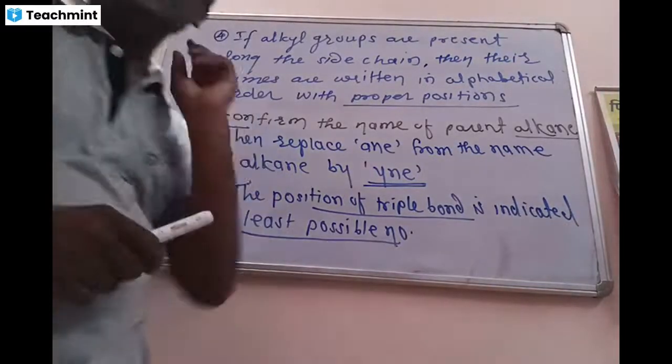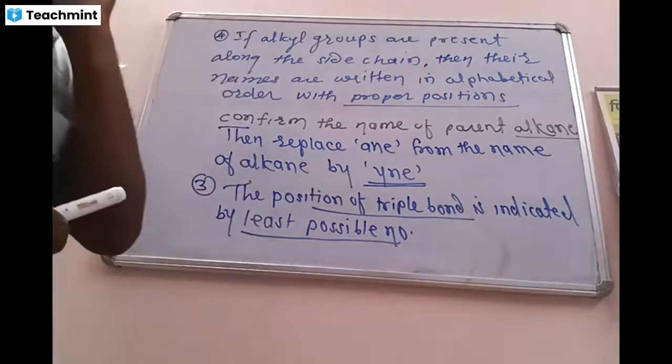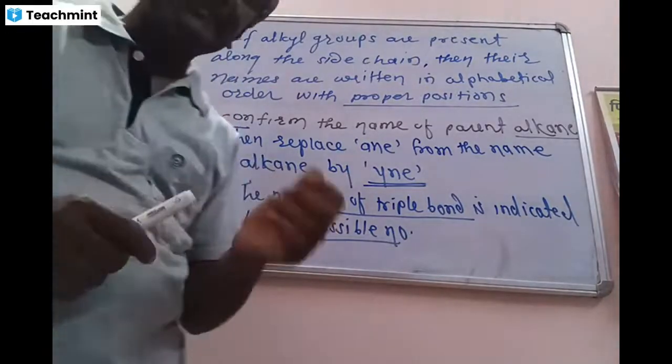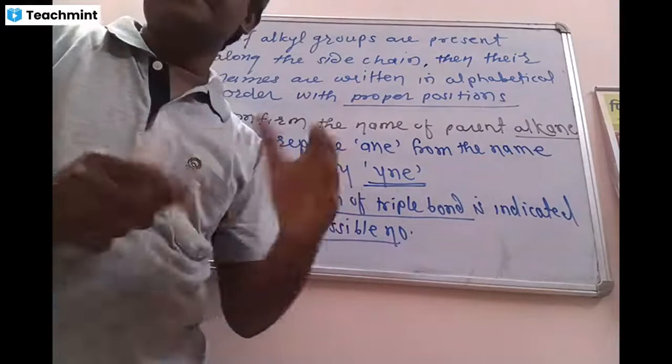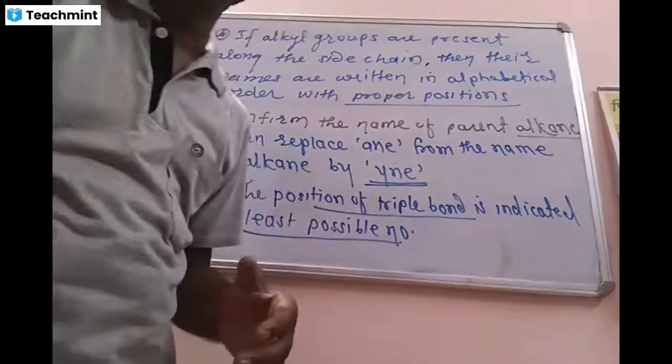For writing the IUPAC names of alkynes, we have to select the longest chain of carbon atoms, which means the chain that contains the maximum number of carbon atoms.